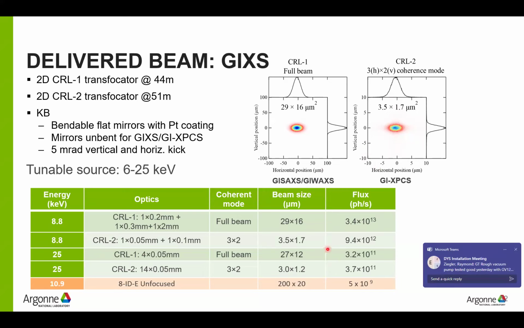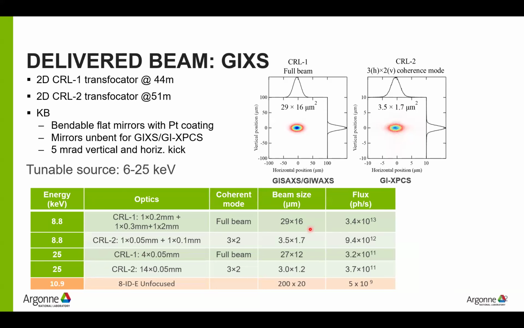So again, we can have the beam of 30 microns or so down to a few microns in size, and the flux is higher at the lower energies, but even at the higher energies, it's significantly better than what we used to be getting at the old 8IDE, where we were working at a fixed energy of about 11 keV, and we didn't have much by way of focusing.